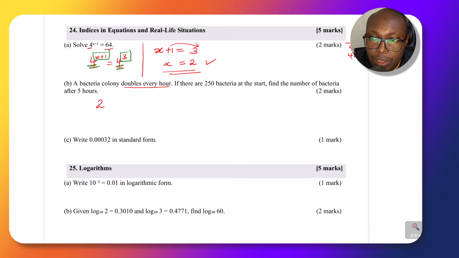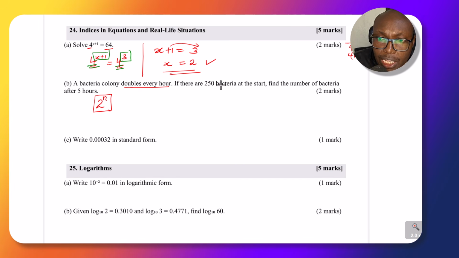And then every hour, we're going to let the number of hours be n. So we're going to raise that to power n. So this is very important. So 2 represents the doubling. Then when you raise it to power n, n is the number of hours.